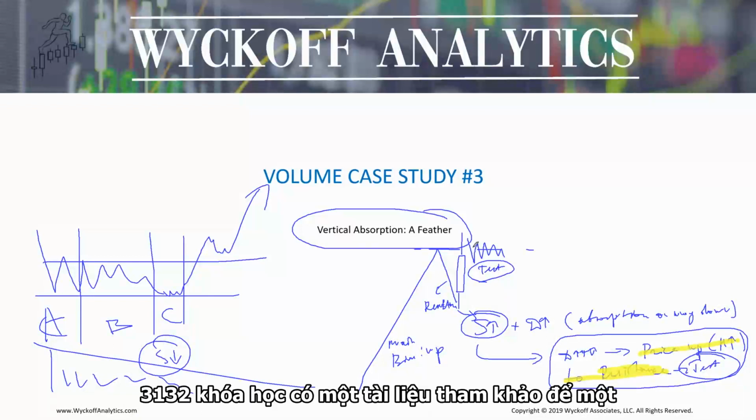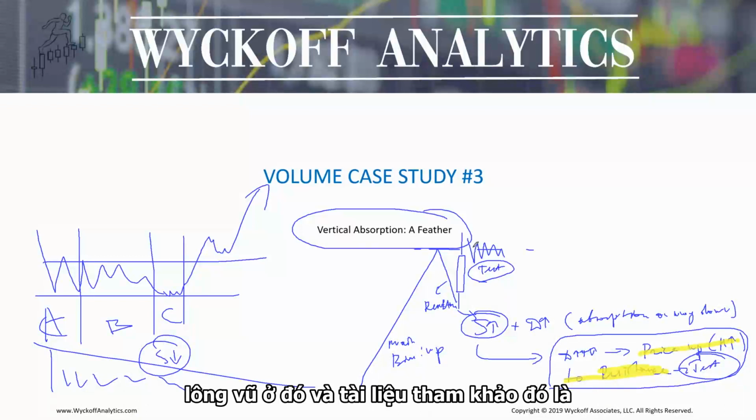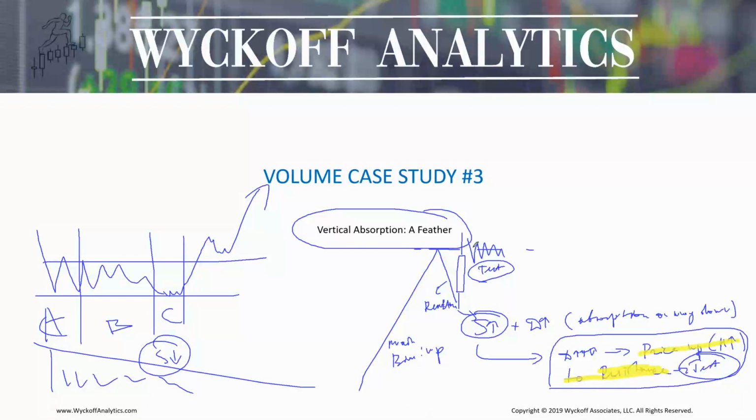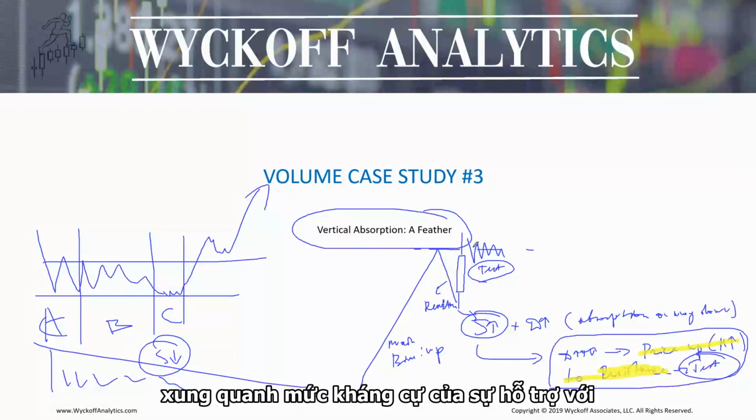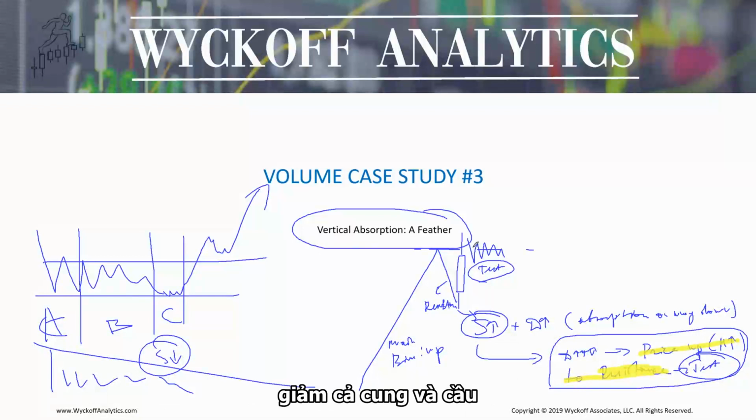There was a reference to a feather there, and that reference was that the price was kind of hovering around resistance or support with diminishing both supply and demand signature, and that produced the condition where on the next leg up, the momentum has increased.